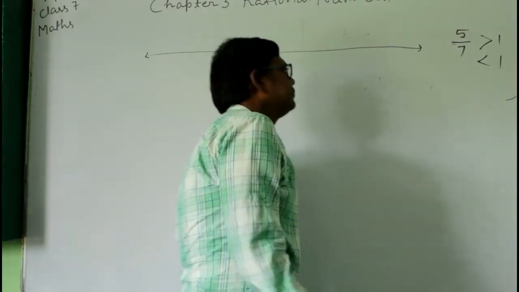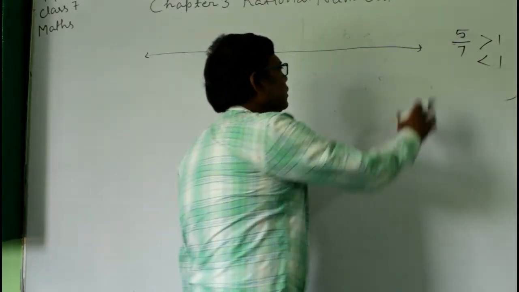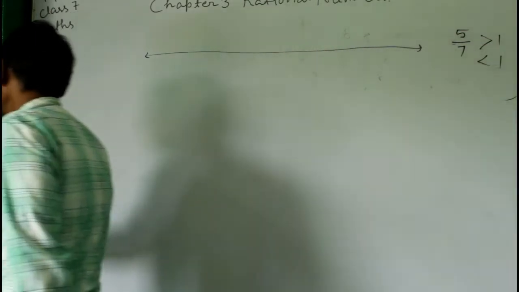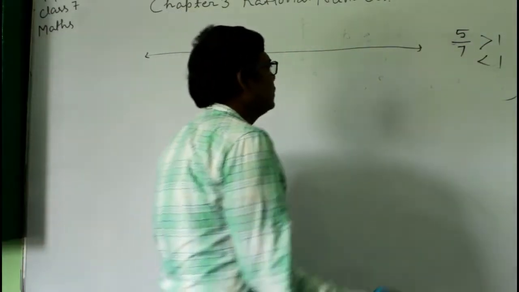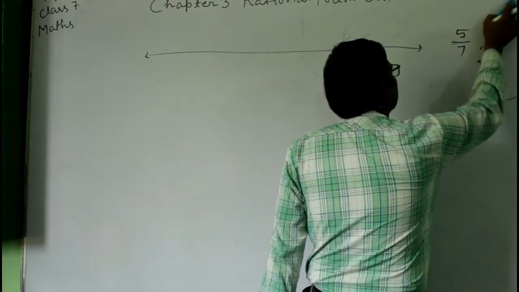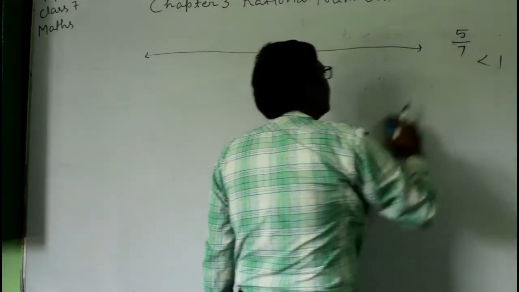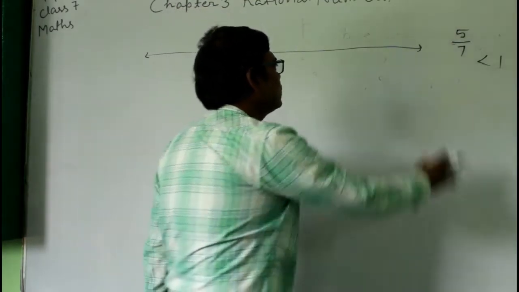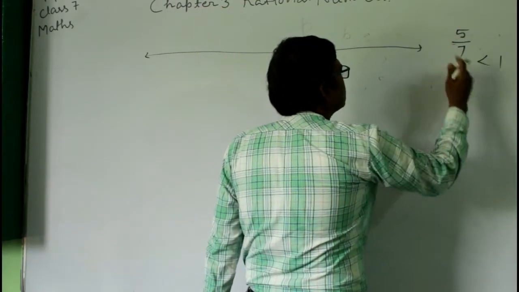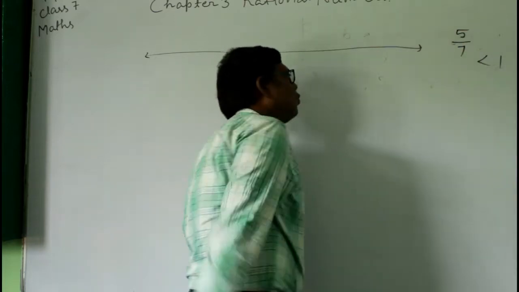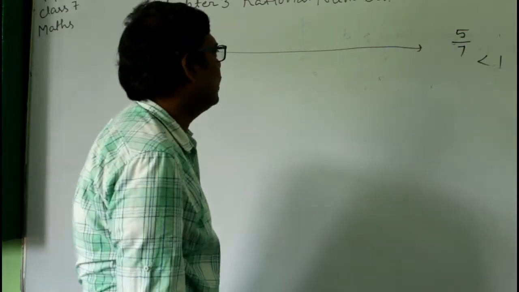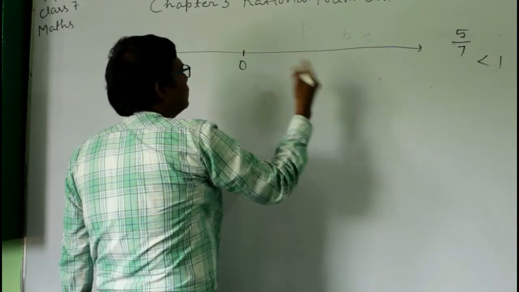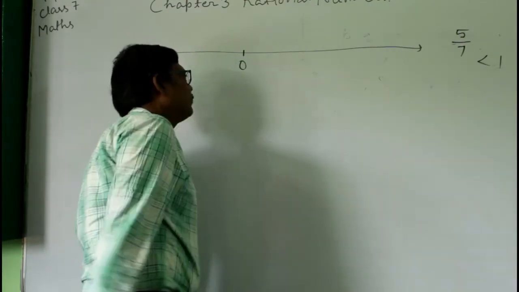Here this number is less than 1 because the numerator is less than the denominator. This number is also positive, so it lies between 0 and 1.